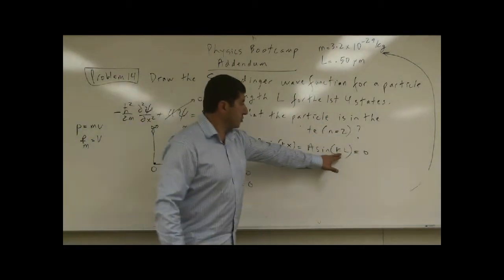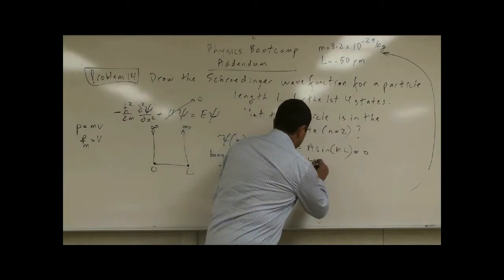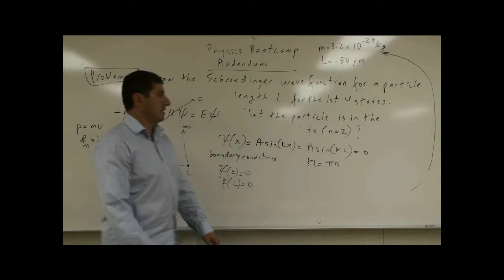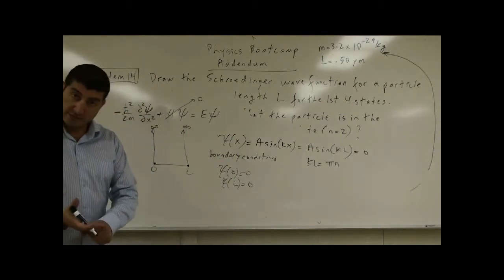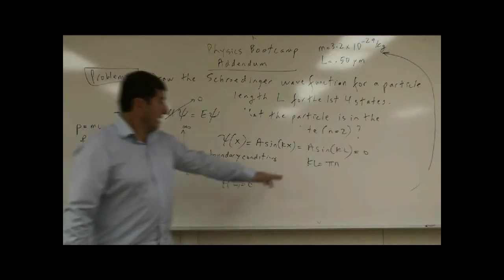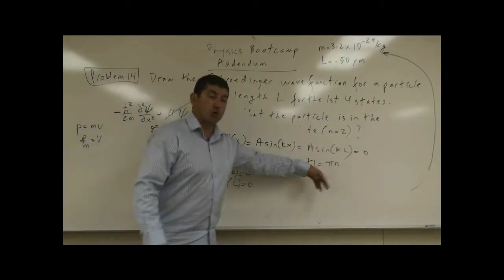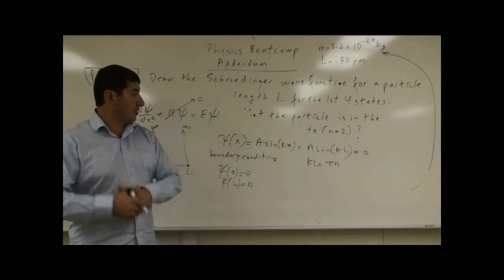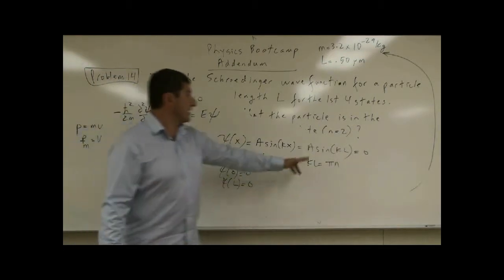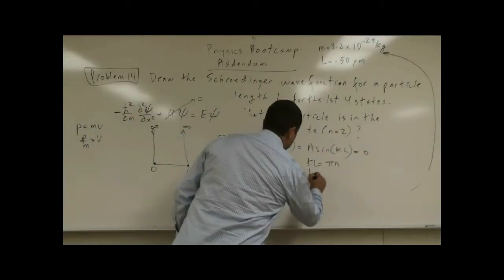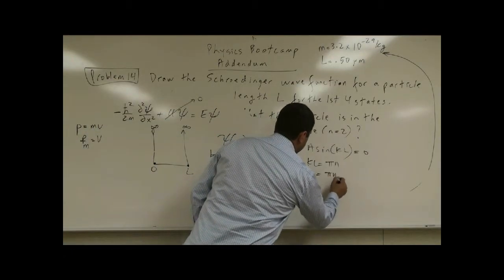Basically it's 0 whenever kL is some multiple of pi, so we'll say pi n. When n is equal to 1, then kL will equal pi, and sine of pi will be 0. When n is equal to 2, then kL will be 2 pi, sine of 2 pi will be 0, and so on and so forth. Therefore, k has to be equal to pi n over L.